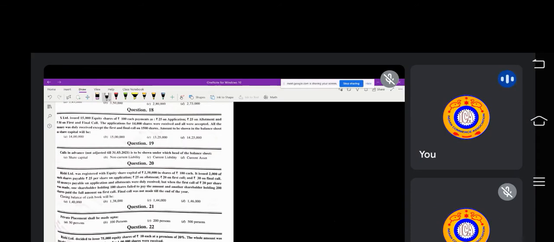Today we are going to start from sum number 18. In this 18th question, it is given that X Limited issued 15,000 equity shares of rupees 100 each, payable as rupees 25 on application, rupees 25 on allotment, and rupees 50 on first and final call.